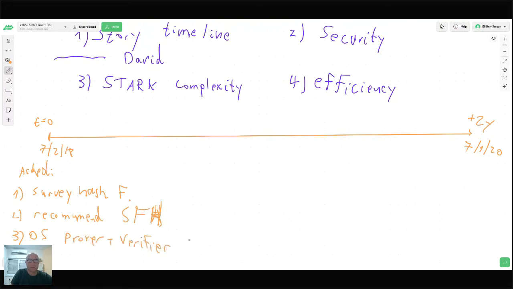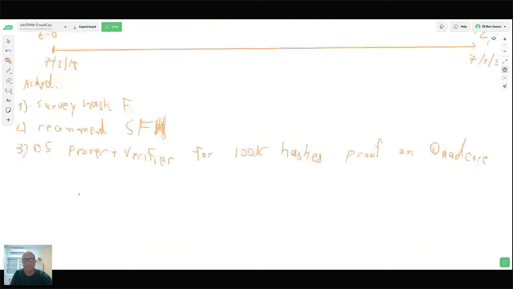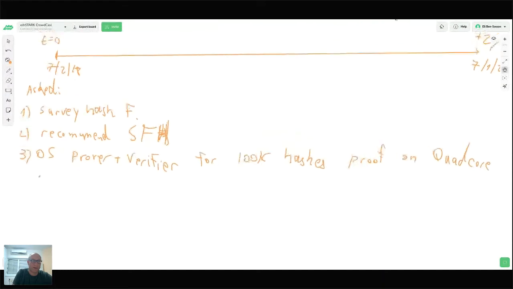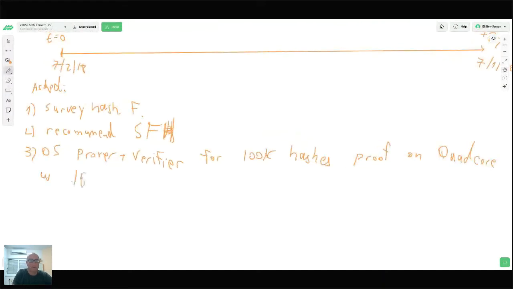The prover plus verifier should be for something like 100K hashes, and the proof has to be computable on a quad core with 16 gigabytes of RAM, at a rate of at least 100 hashes per second.